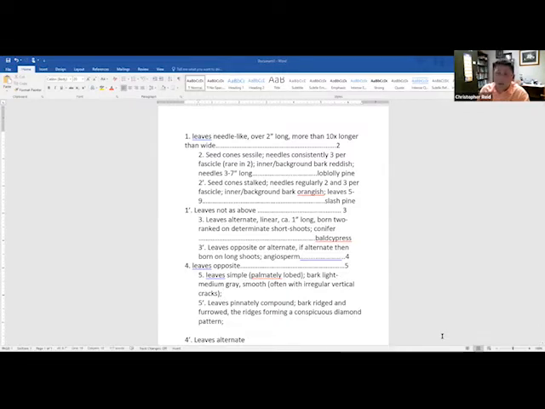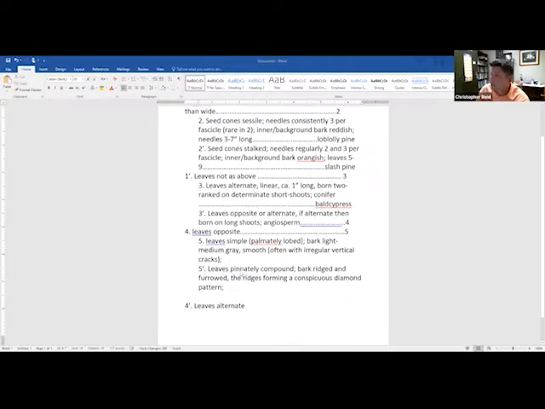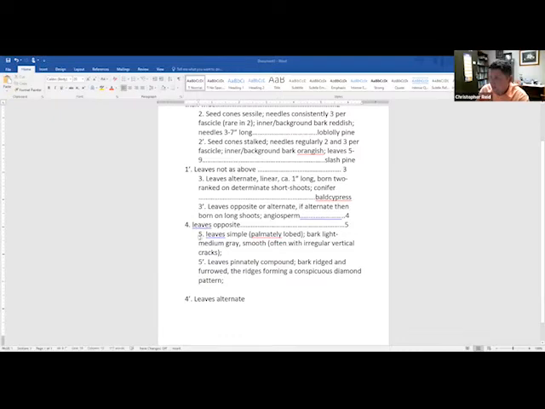Why do you have bark included with leaf? So we have 5 and 5 prime, these are opposing leads. We have multiple characters referenced here, and each character is separated by a semicolon. So we have leaves, bark. What we're doing with multiple characters per lead is giving the user of a key, whether it's yourself or somebody else, options.